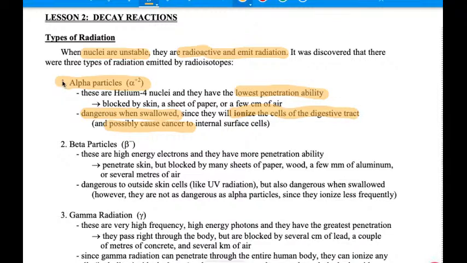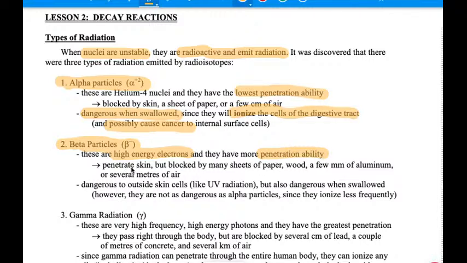So that's our first type of radiation. Next we have beta particles, which quite simply are electrons that are at a high energy level. They are excited, they have a lot of energy, they're going to be shot out with a little bit more velocity than an alpha particle would, and by effect of that, they have more penetration ability.